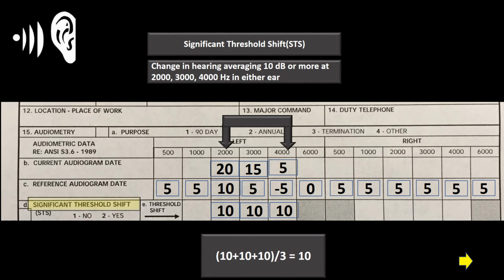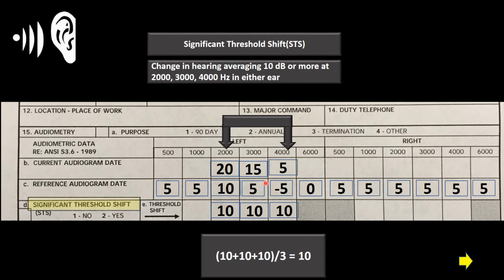But my question is, would this require an entry into the web-enabled safety system? And the answer to that would be no, because we haven't reached 25. If this were 5 higher right here, if it took them all the way to 25, then yes, because remember, an entry into the web-enabled safety system is a significant threshold shift of 10 decibels or more at these hertz, and a loss up to 25 in the same ear, in addition.